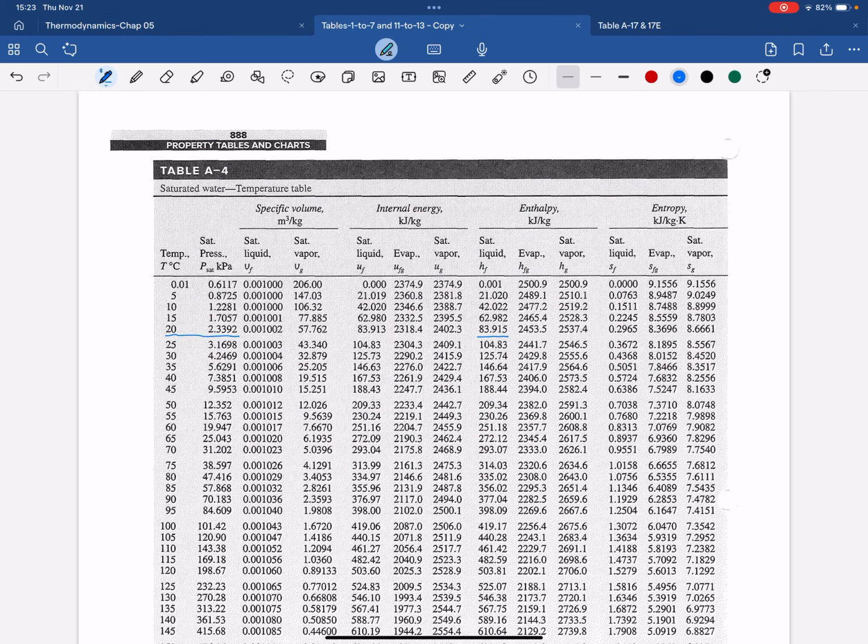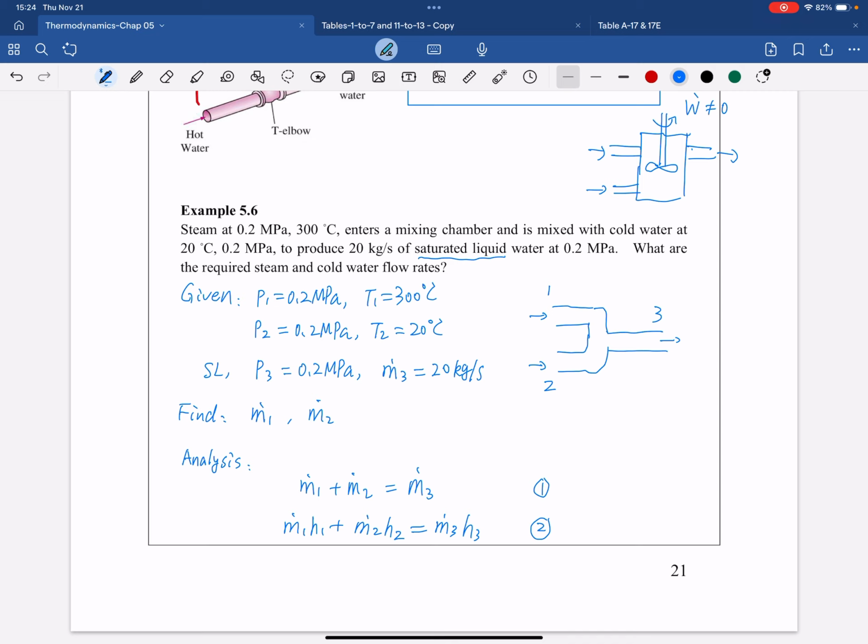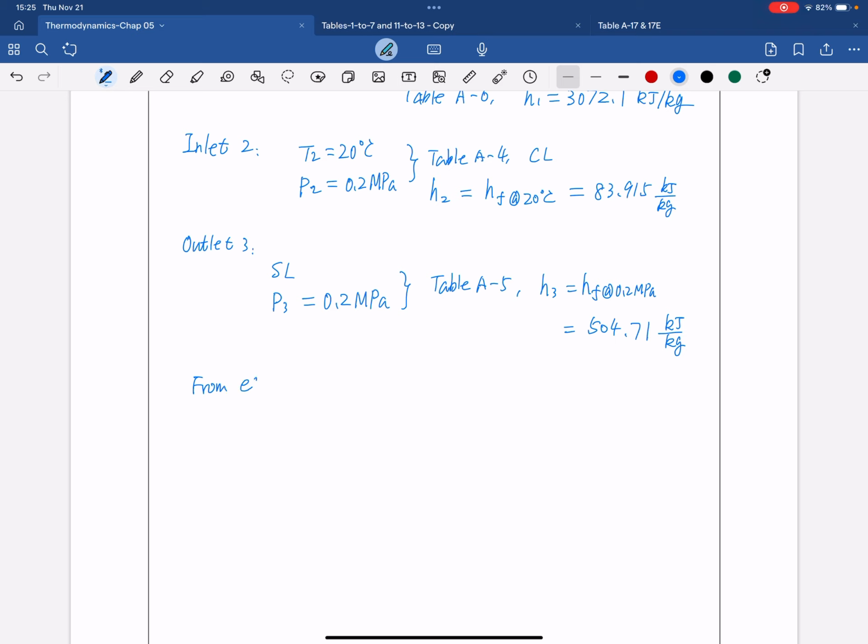Now we got all of h1, h2, and h3, and we will be able to solve these two equations. For example, we can rewrite equation 1: m2 dot equals m3 dot minus m1 dot. And then substitute this into equation 2.